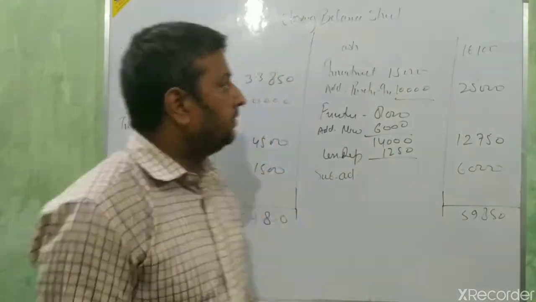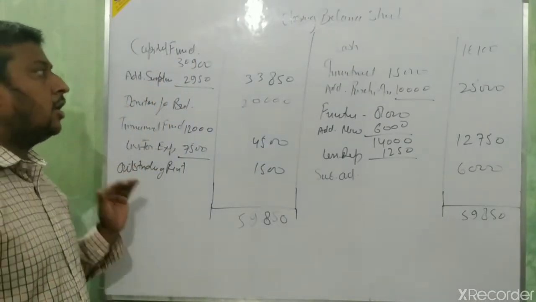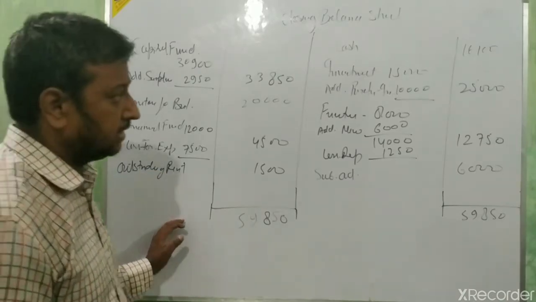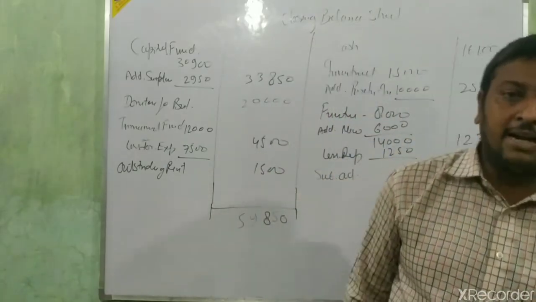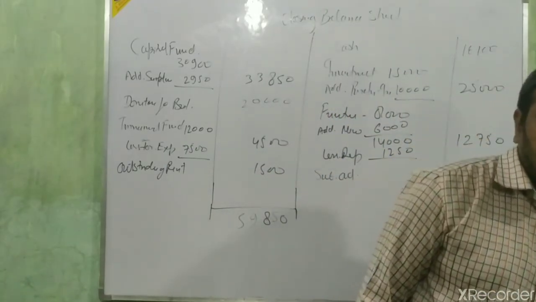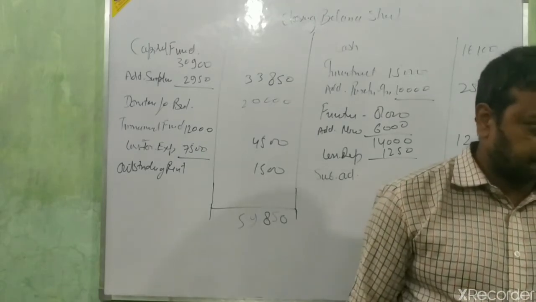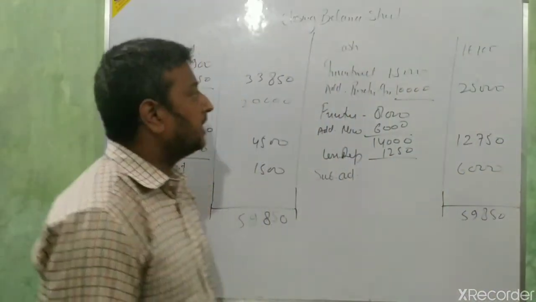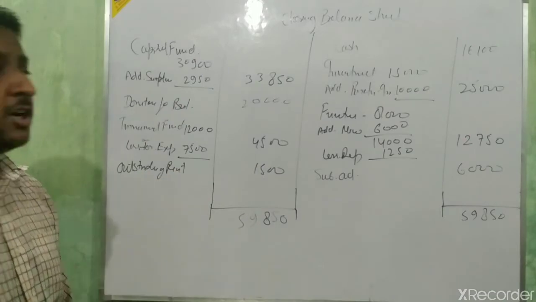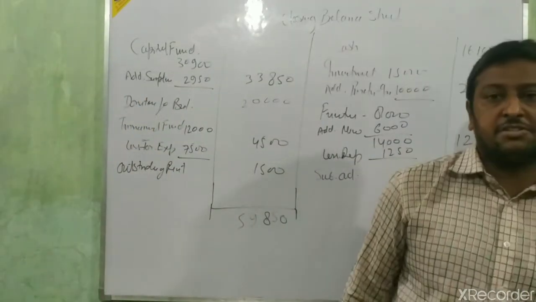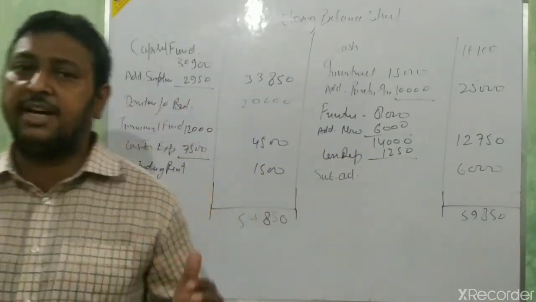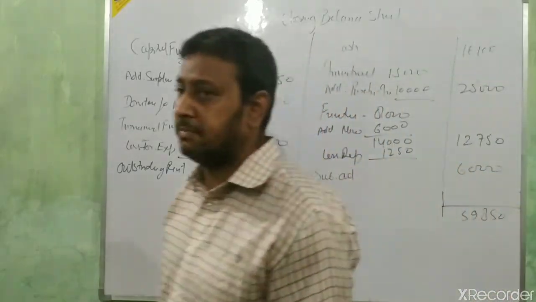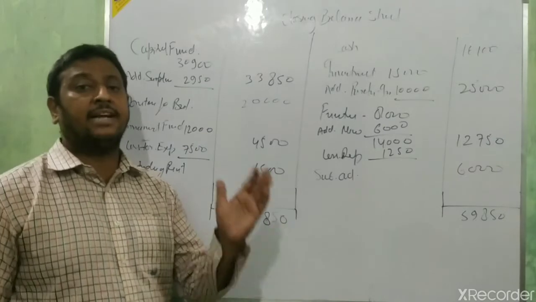This is the way we make the balance sheet of any not-for-profit organization. First, we make the income and expenditure account. In it we take all heads related to revenue, income or expenditure, for the current year, with the adjustments.